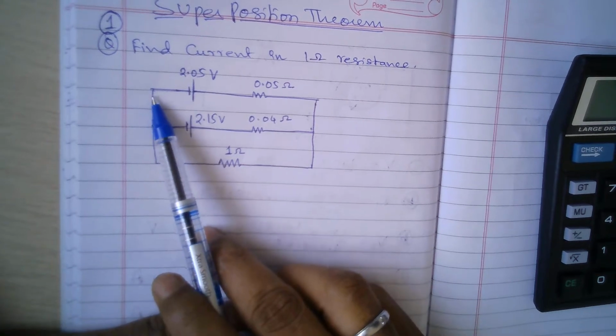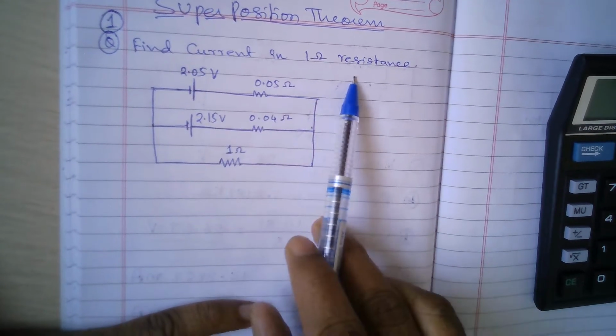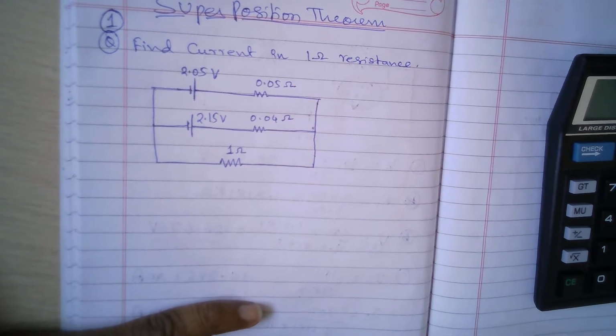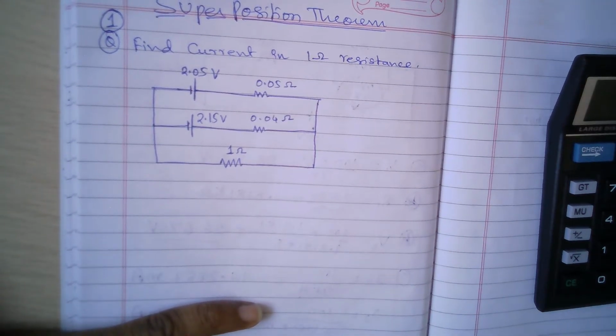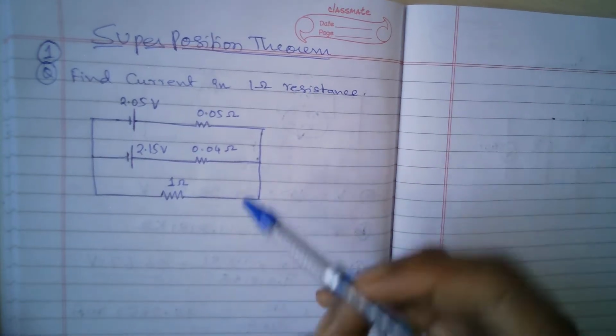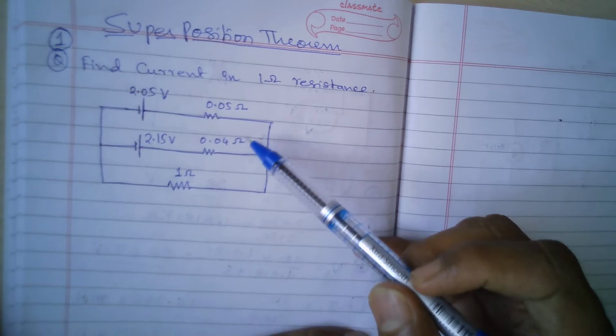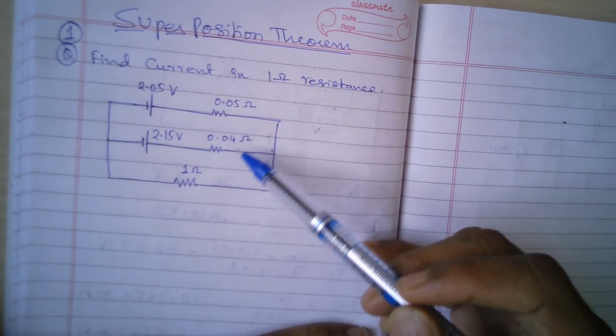Here we have: find the current in the 1 ohm resistance. So this is the 1 ohm resistance, and we are supposed to find the current in it. We have 2 batteries, and any battery will have certain internal resistance.